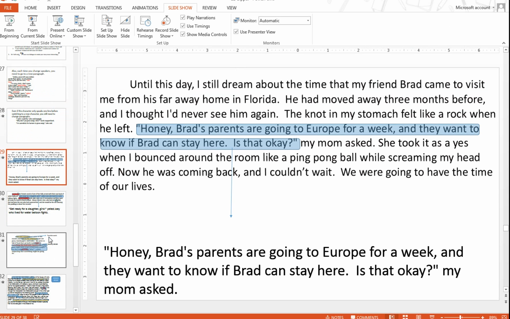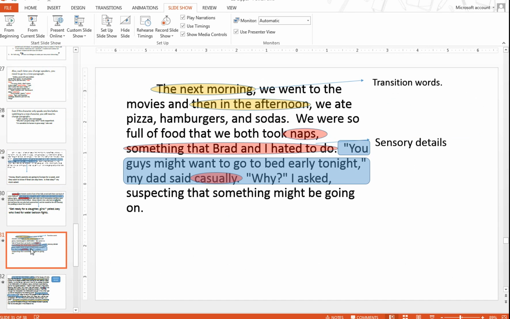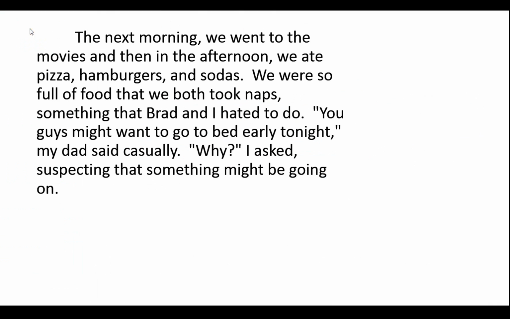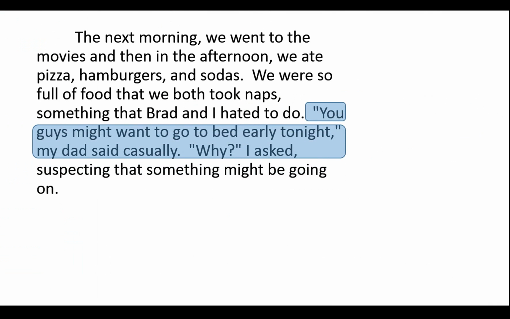All right, let's take a look at a few other things that make our paragraphs interesting. This paragraph here uses a couple things. First of all, it uses dialogue again, so we're getting an idea what Dad's like. We're also getting an idea what the character's like. This paragraph also uses sensory details.